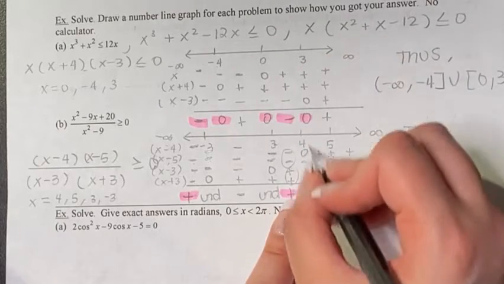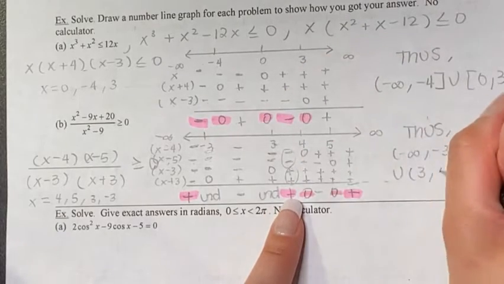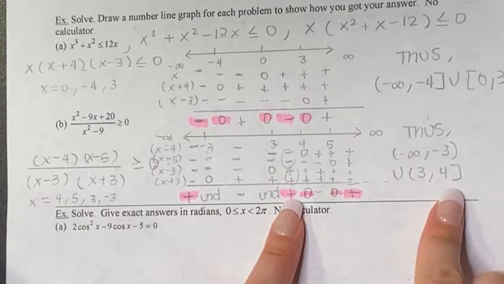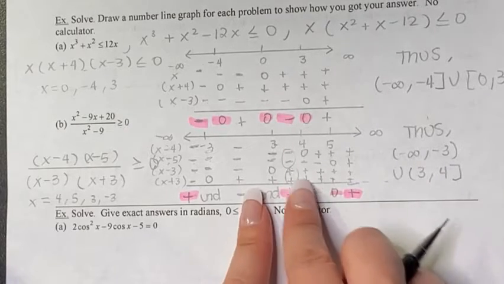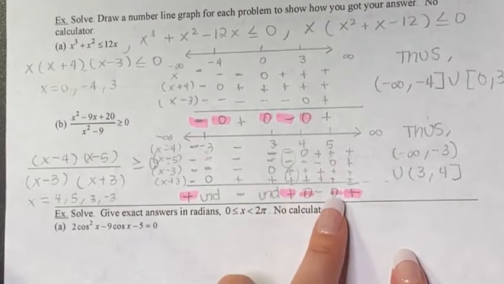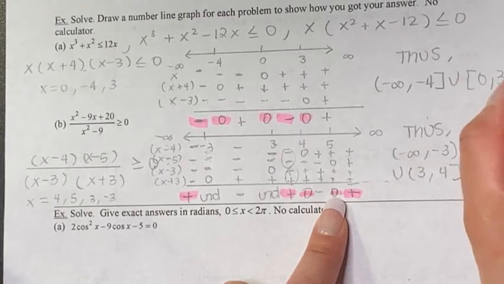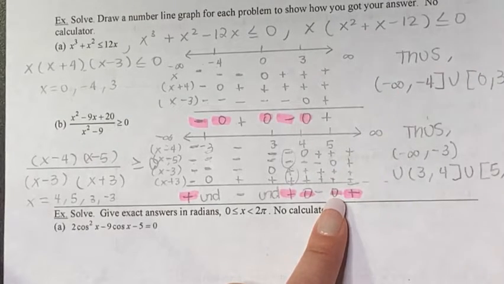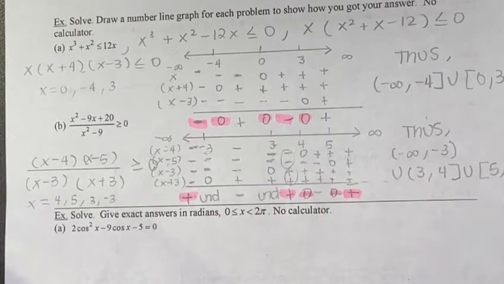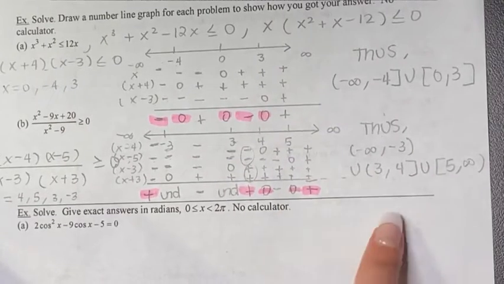Then you like the interval and you actually like the 4, so I'm including the 4. Here we don't want this interval in between 4 and 5 because that's negative, so we start at 5 including the 5. Okay, and then we go to infinity, and that's your answer. There you go.